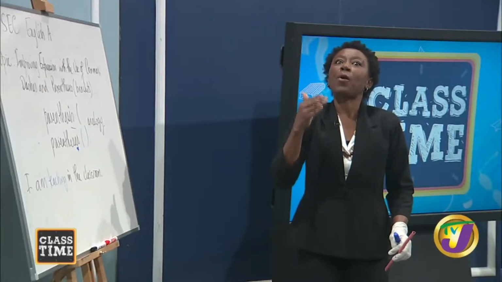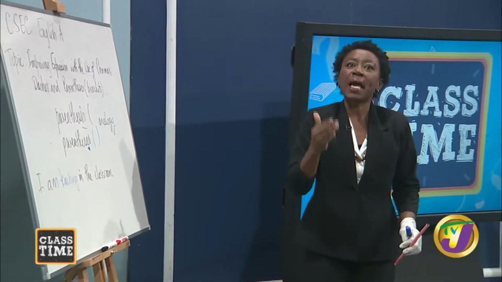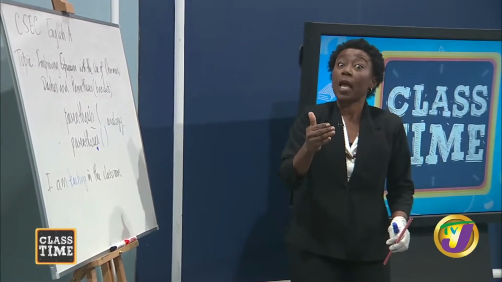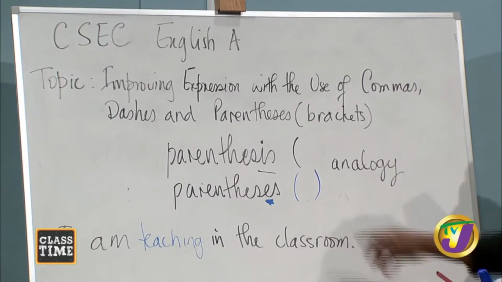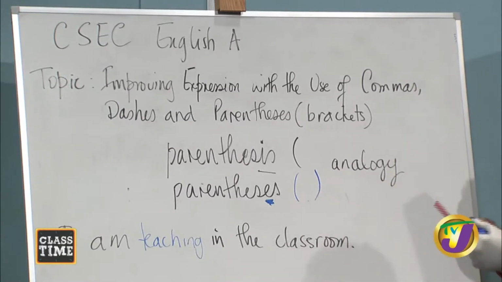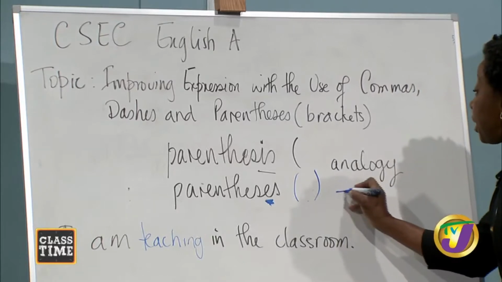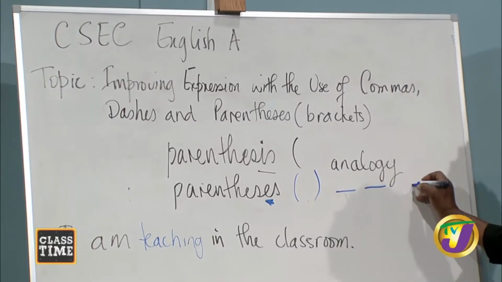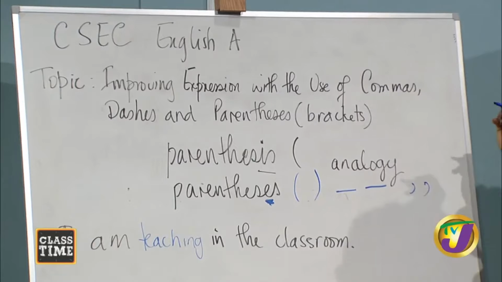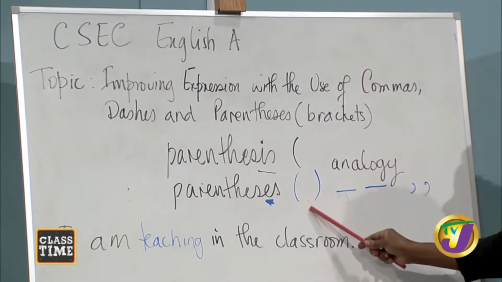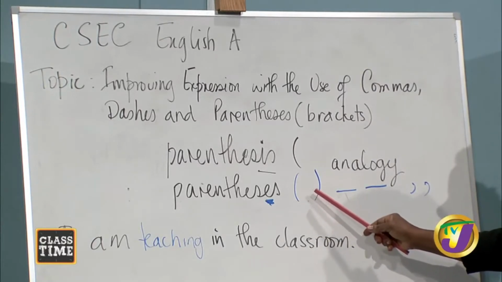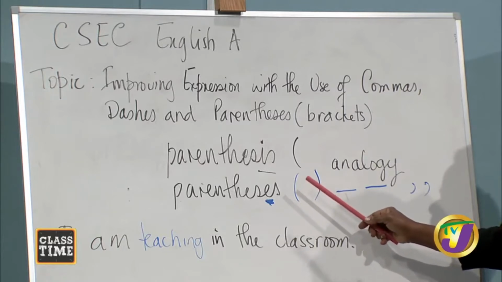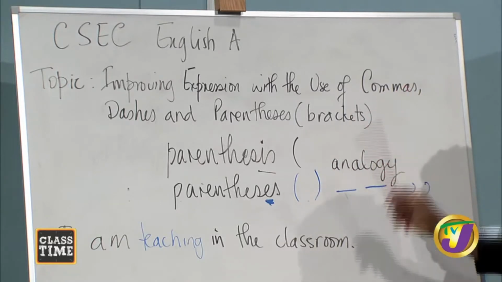Now this parenthesis can be expressed using parentheses, these 2 marks, dashes, or commas. So these 2 marks take the name of the thing that you do in the sentence.